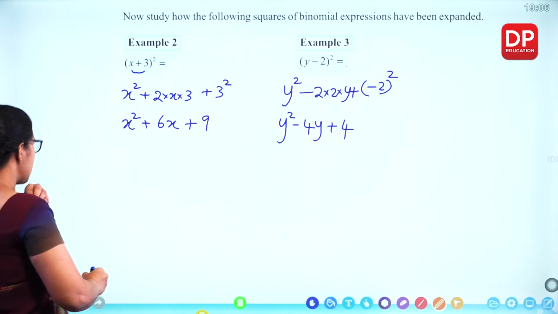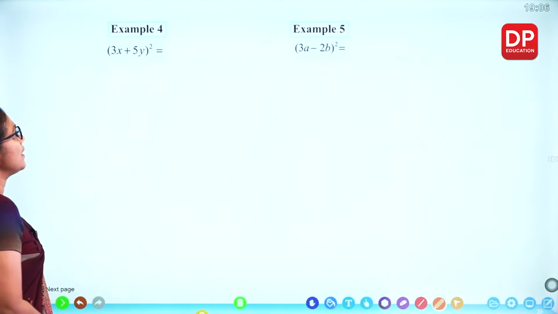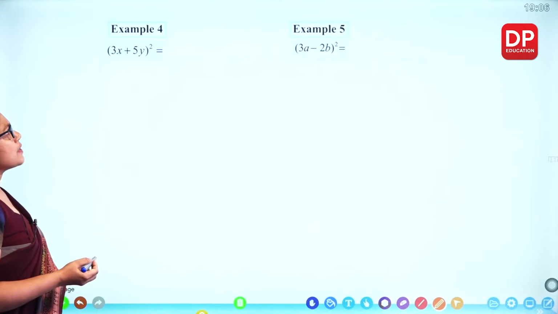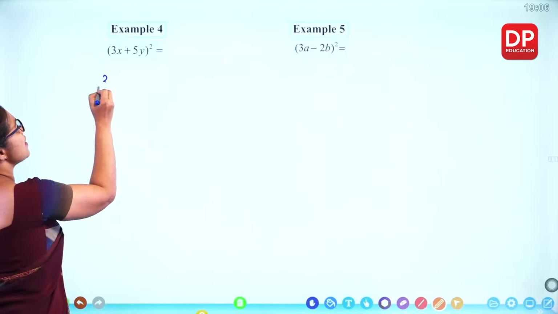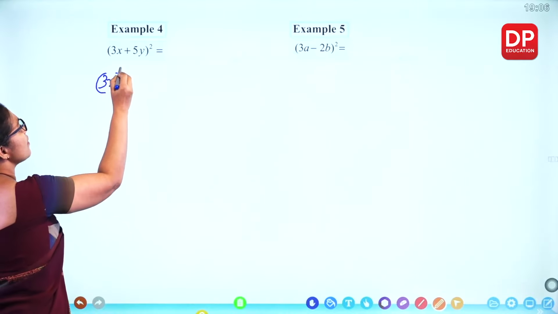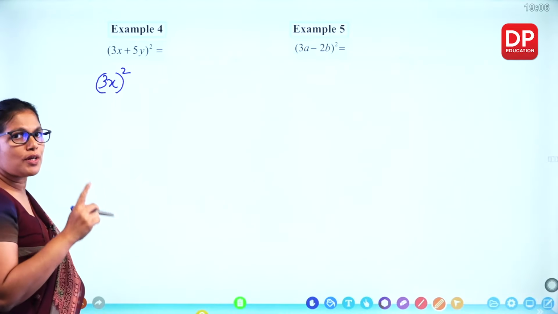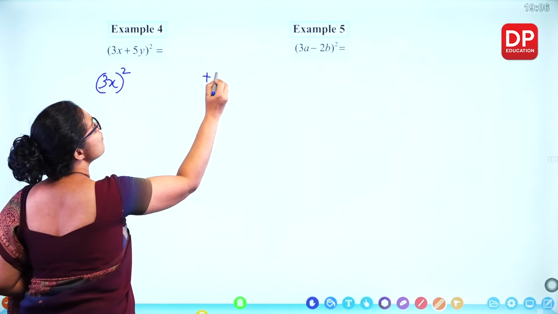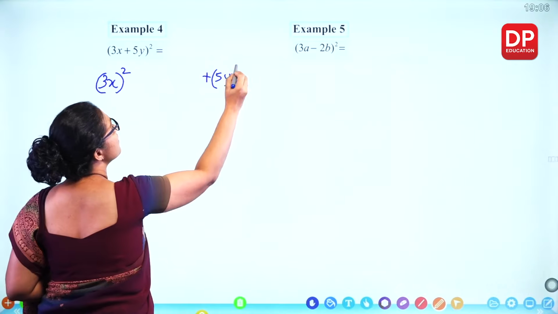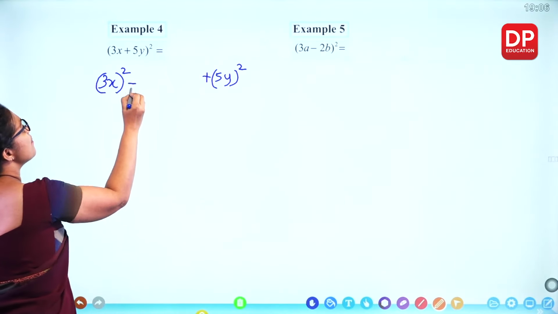So we'll look at the next example, 3x plus 5y squared. So what you do? First term squared. When you have 2 terms, make sure that you put brackets. Last term is 5y whole thing squared. What's the middle term?